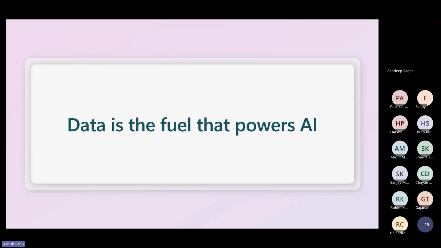If they're sourcing clean data, you get clean results. If they're not sourcing the right kind of data, your answers will also be skewed. So ultimately, it's true that AI is transforming the world, but data is the actual fuel that powers your AI experience, models, and everything that you're trying to build.